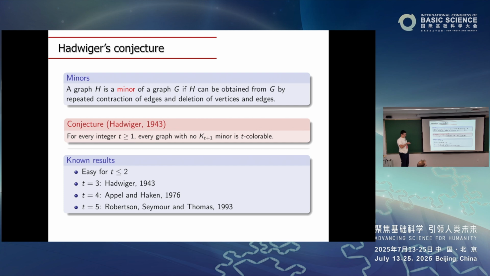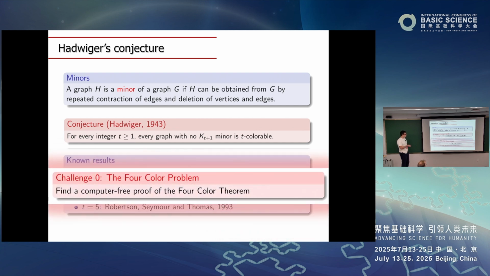The zeroth challenge would be to actually have a reasonable proof of the four-color theorem. Lots of people try all the time.